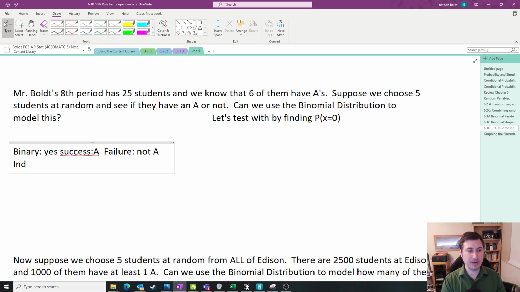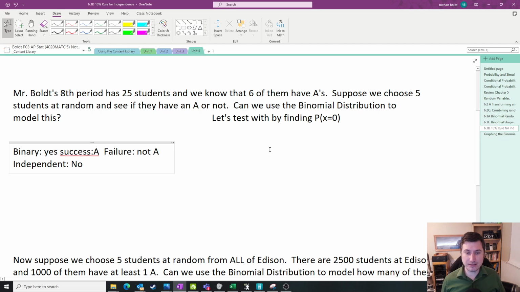Is it independent? Well, no, it's not. It fails this because if I choose a student that has an A, one of those 6, there's only 6 of them in this class of 25. If my first kid has an A, the probability that the next kid has an A is different.